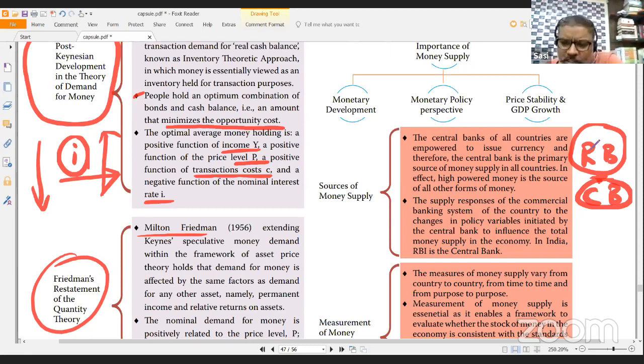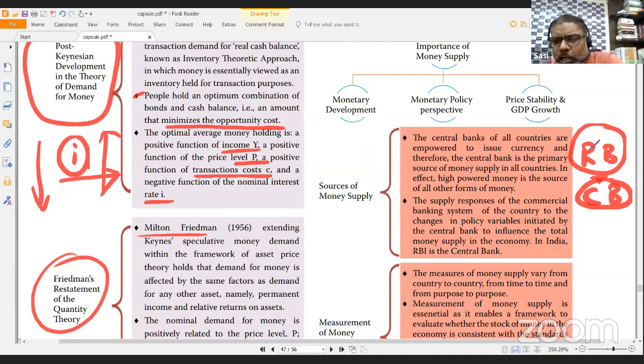So how is that money generated? Is currency equivalent to money? No. Money, cash, currency are different words. When we talk about currency or cash, that is something that only RBI prints. Commercial banks cannot print in India. In some countries like Singapore and Hong Kong, even commercial banks can print. But in India, only RBI prints the currency.